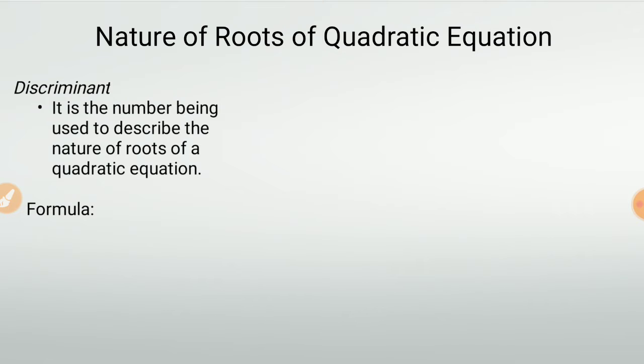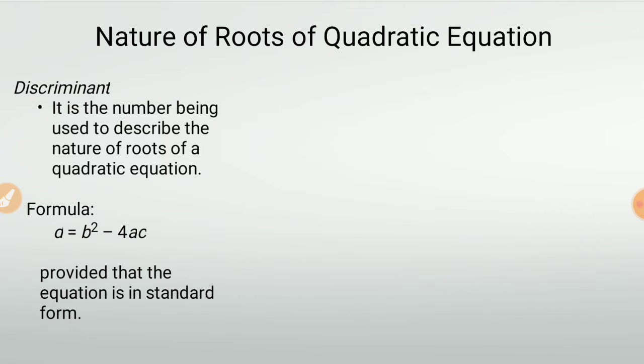This is your formula to find out the value of discriminant, and the formula is b square minus 4ac.